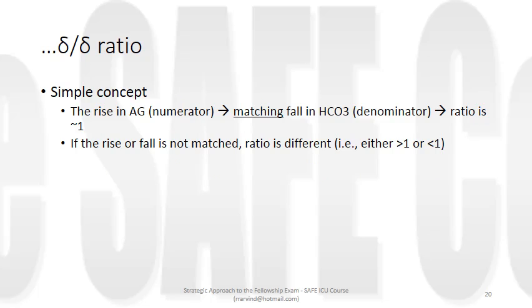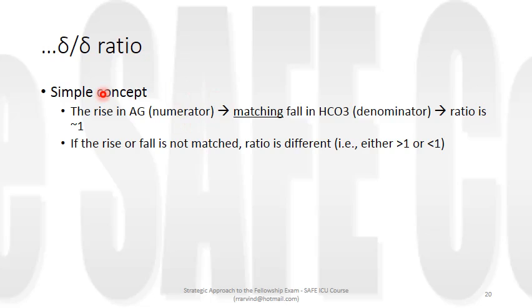The simple concept for the delta-delta ratio is that when you have a rise in an unmeasured anion, we'll take lactic acidosis as an example, when you have a rise in lactate, the numerator is going to increase.